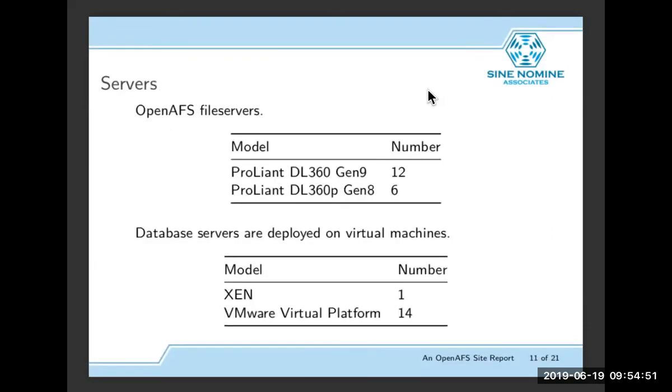So Ralph provided some information about the hardware we're using. We're running ProLiant servers. For file servers, we're running on physical servers, and all the database servers are running on virtual machines. We're using VMware virtual machines for most of them, but we have one Xen virtual machine for the database servers.